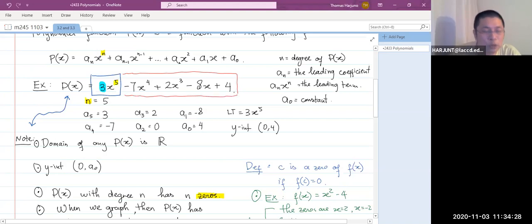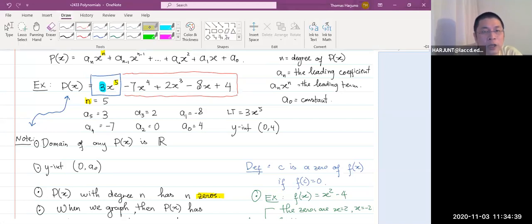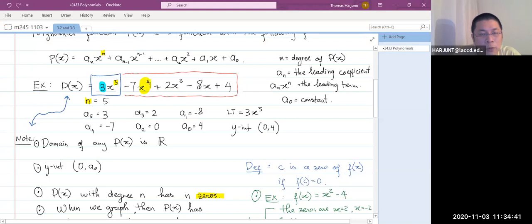It has something to do with domination. You see, when you put in a large number, let's say we put x equals 10, right? When x equals 10, this becomes 10 to the 4th, but this is already 10 to the 5th. So when x gets larger, of course, this gets larger too.